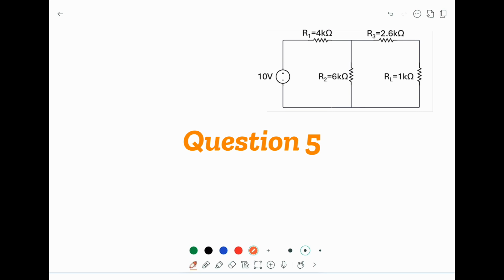In this question, we are going to find the Thevenin equivalent circuit. It means we focus on the RL, the load resistor, and we'll replace the rest of the circuit by a potential divider.